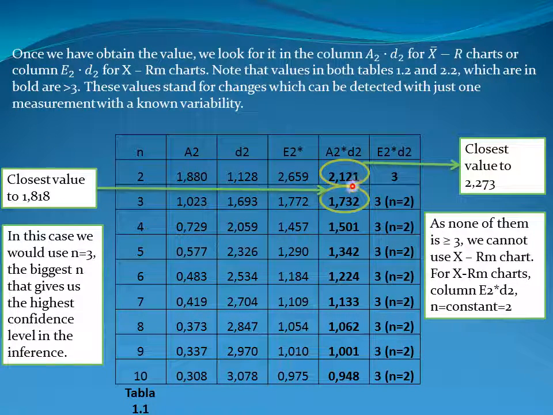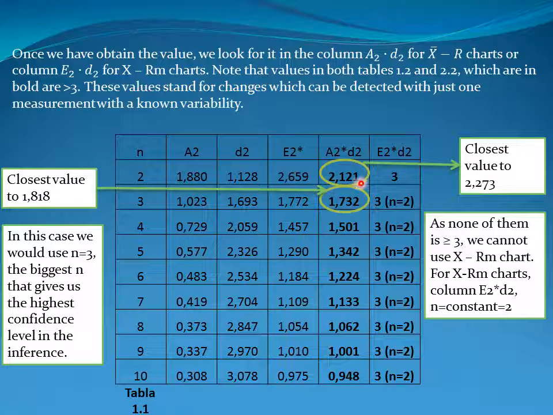Here we have the values we would get from the examples we have already seen. In the case of the example using XR, the value, as you can remember, was 1.818, and then we would always choose the closest highest number, which would give us a sample size of 3.